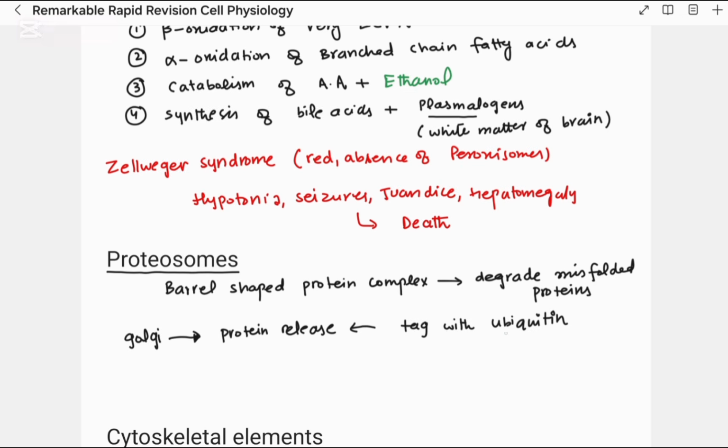So this is a signal for proteosome to detect that protein and degrade.